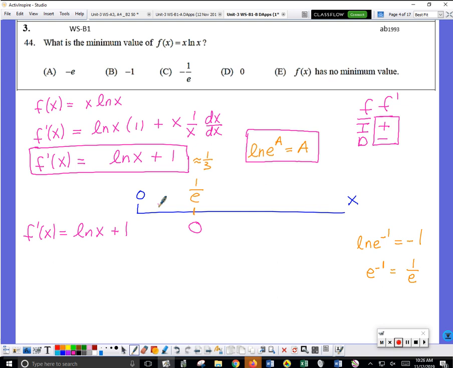Here's why. e is about 2.7, so e squared is about 8-ish. It's about 1/8. 1 over e squared is the same thing as e raised to the negative 2 power.